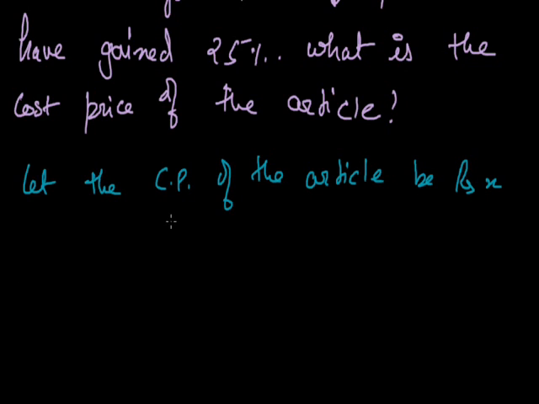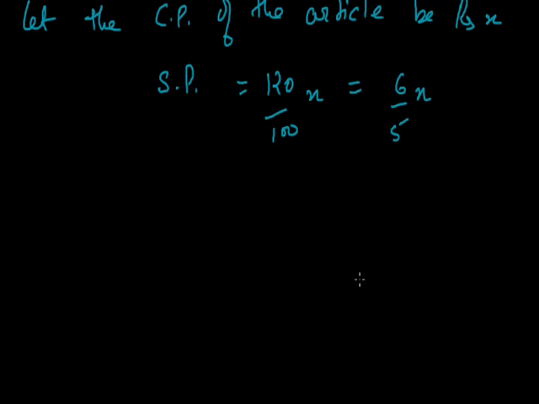Now the initial cost price is x, and the selling price initially will be with 20% profit. That means 120 upon 100 x. If we simplify it, we get 6 upon 5 x. This was the original selling price. Now it is given in the question that if he would have bought it at 20% less, that means the new cost price, CP dash, would be 20% less.